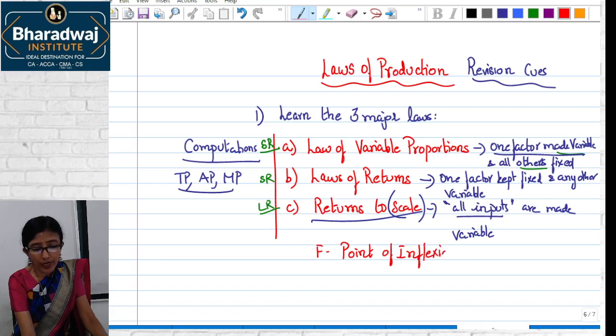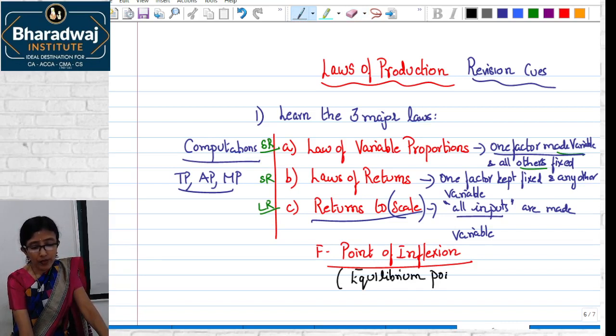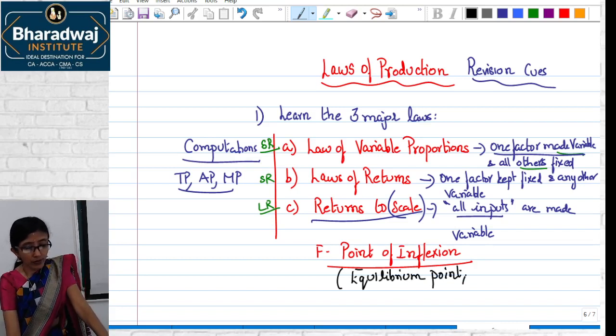What does that point mean? Can you tell me? Now, three points which are repeatedly asked. Please be prepared for equilibrium point, saturation point, inflection point. Please revise all these critical points.